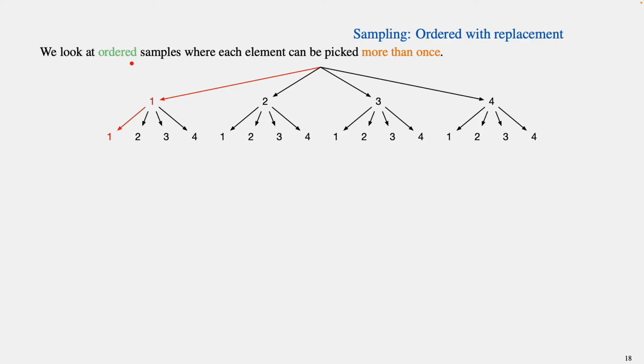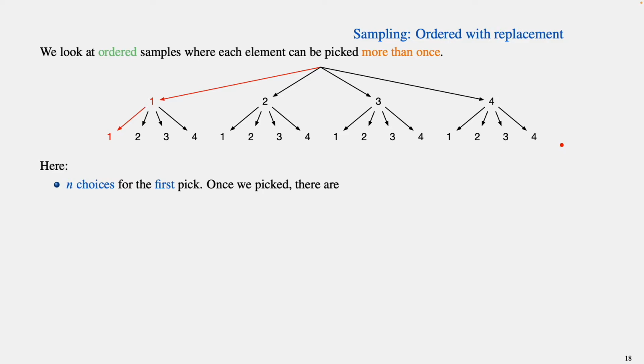Now we look at ordered samples, but where each element can be picked more than once. So we can replace the elements once we pick them. Here again, with 4 elements, I can pick 1 out of 4, but regardless of which one I pick, I can pick the same 4 ones again in the second step.